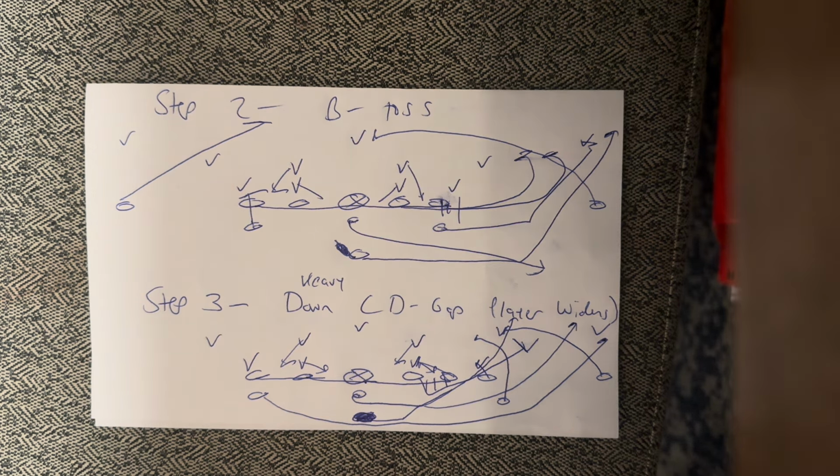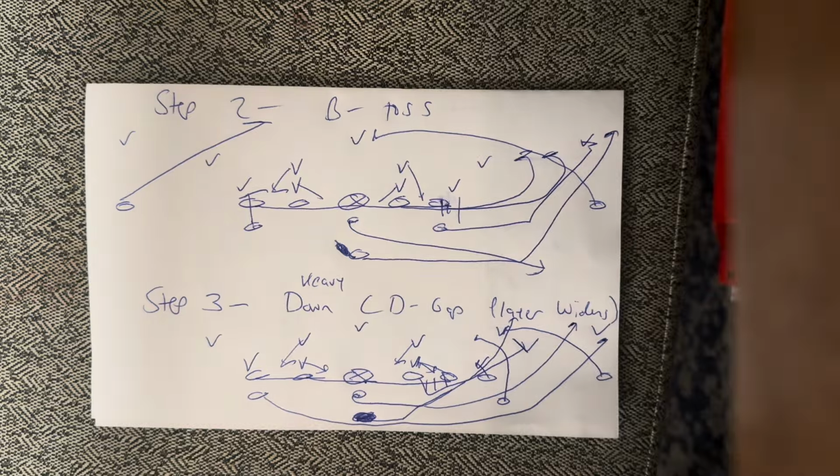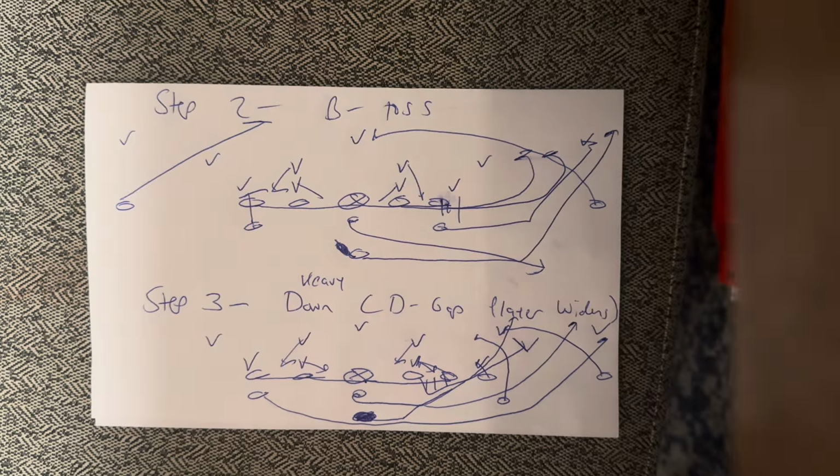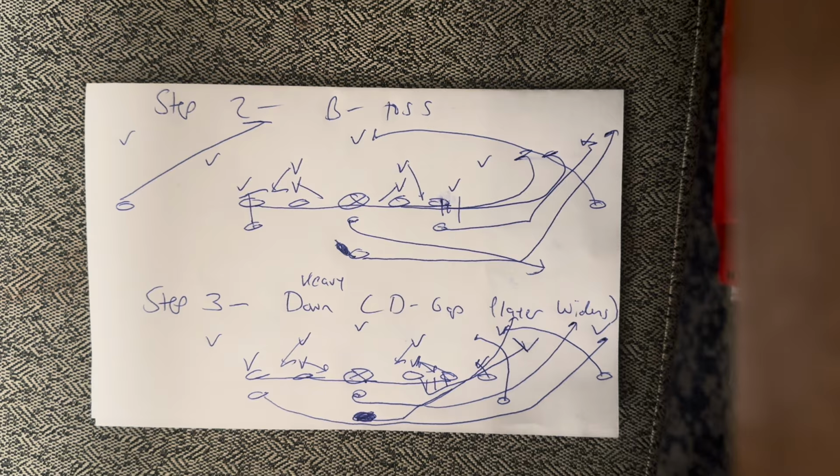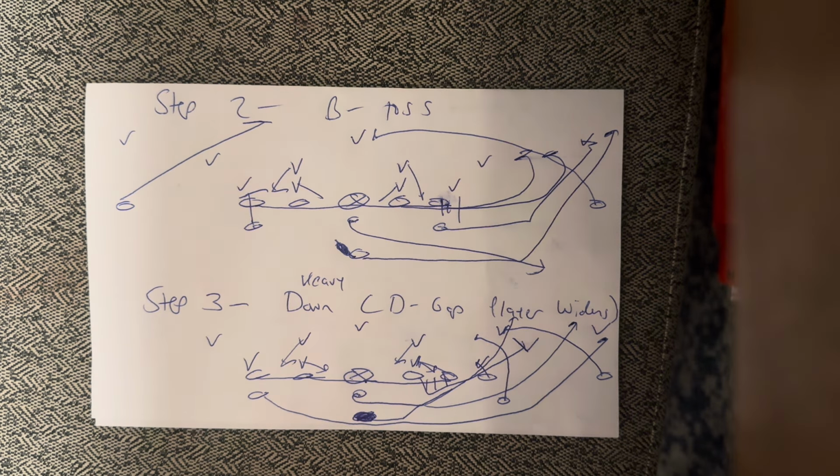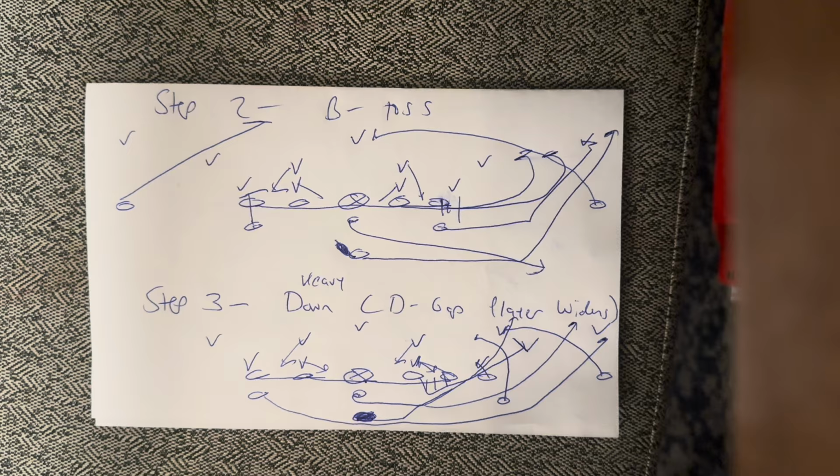If you don't want to do that, well, then just run toss out of flex or out of heavy, or just run everything out of flex, because you can run the down out of flex, because all you need is a 3-man surface with an A-back on the outside foot of the third guy on the surface. So if you want to be that concerned about predictability, just do that.